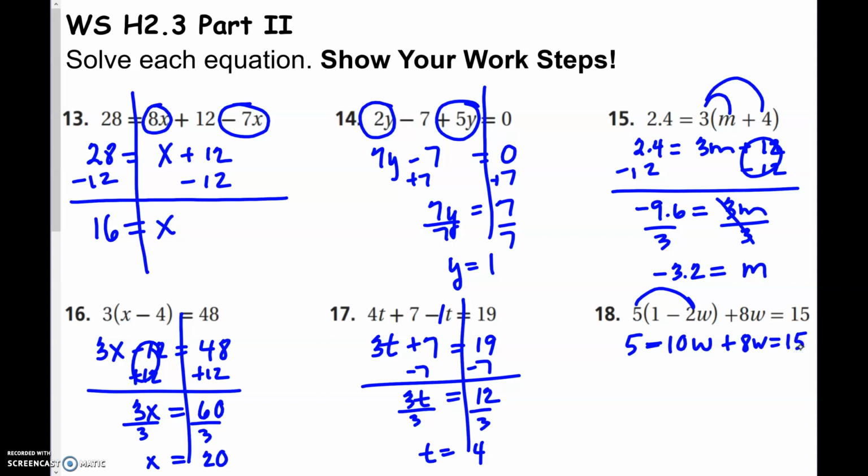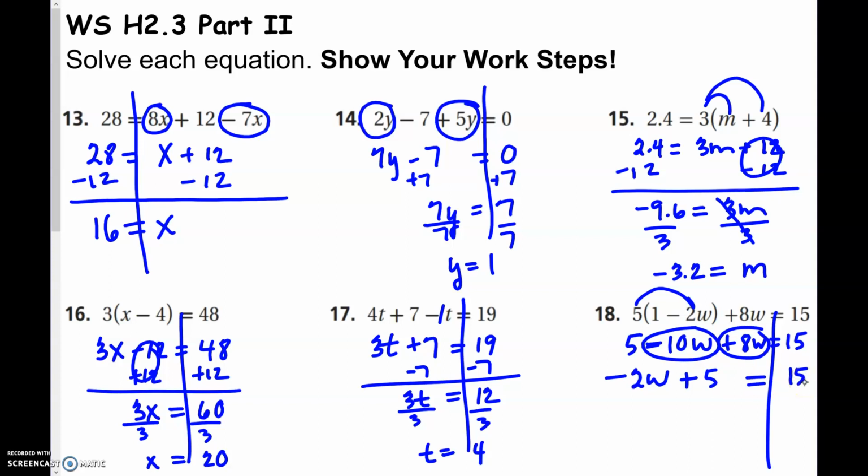So there's our distributive property. Now it looks like we have some like terms on the same side here. So we have a negative 10w plus 8w. So that's negative 2w, and then we still have that plus 5 equals 15.